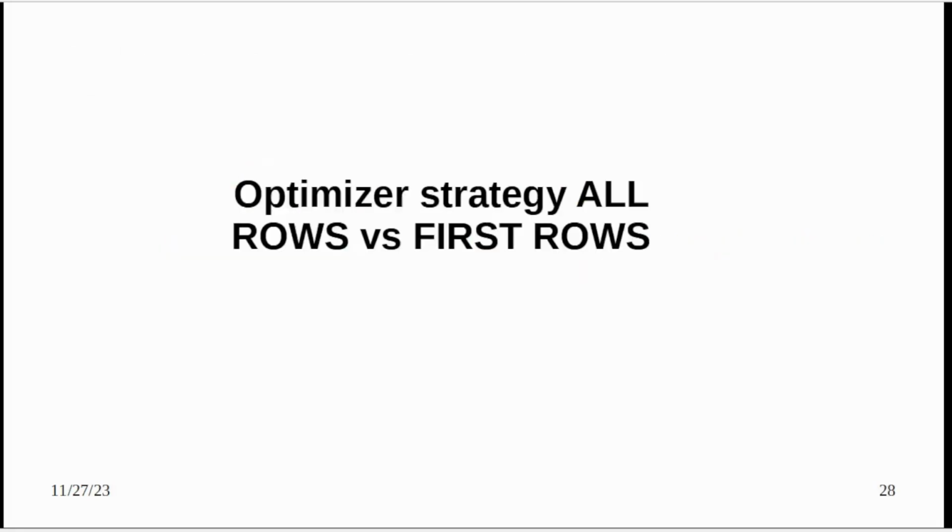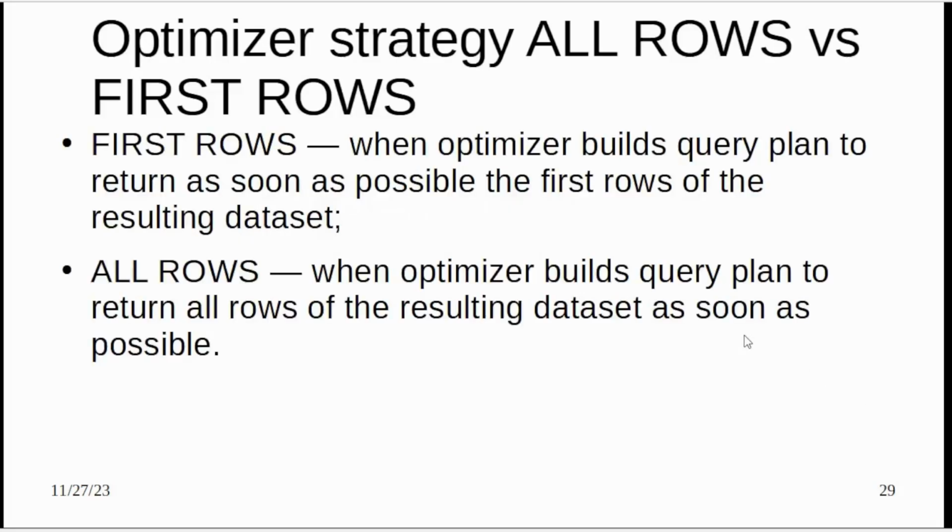The next change in the optimizer of Firebird 5 will affect the majority of select queries. It's the optimization strategy: all rows or first rows. In general, first rows is a strategy when the optimizer builds a query plan to return the first rows of the resulting dataset as soon as possible.